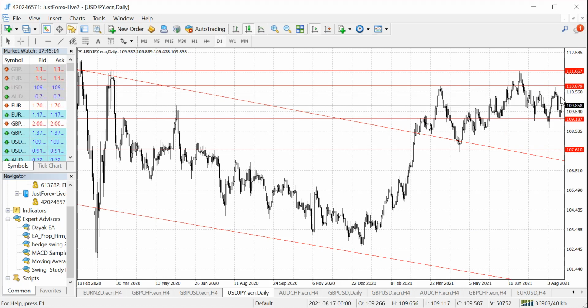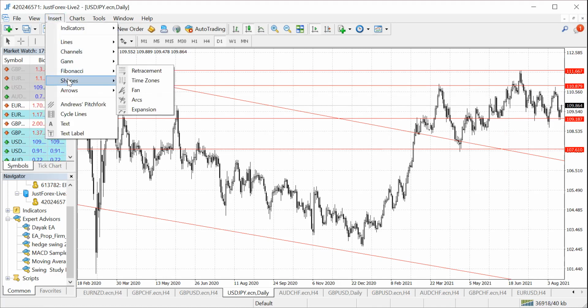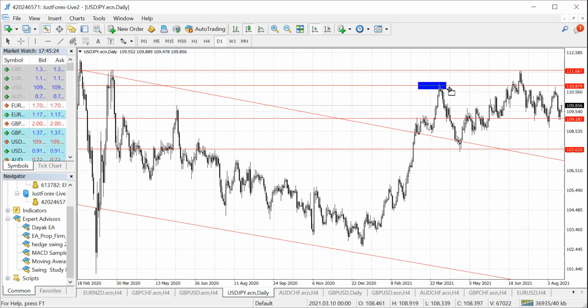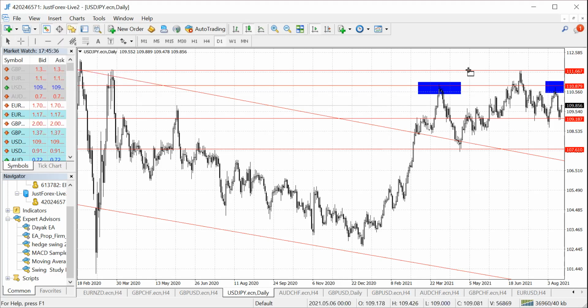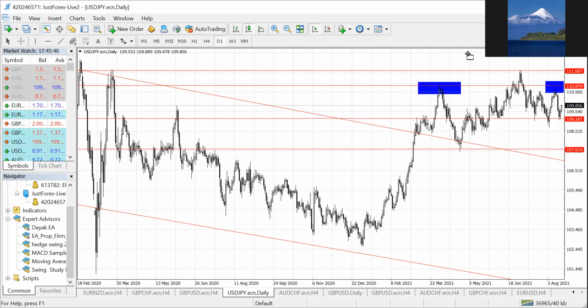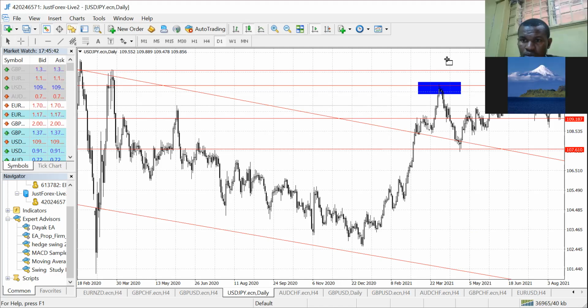But you should bear in mind that we have an incomplete head and shoulder. This is how we do analysis in SIM 254. We still have what we call a head and shoulder incomplete.